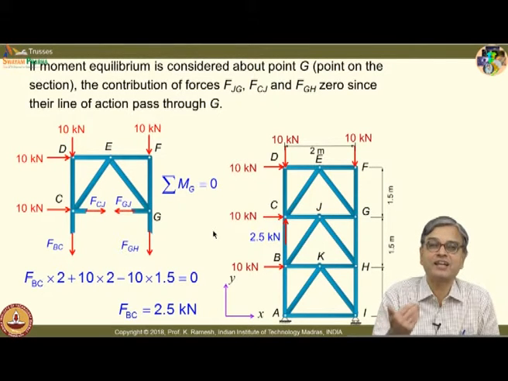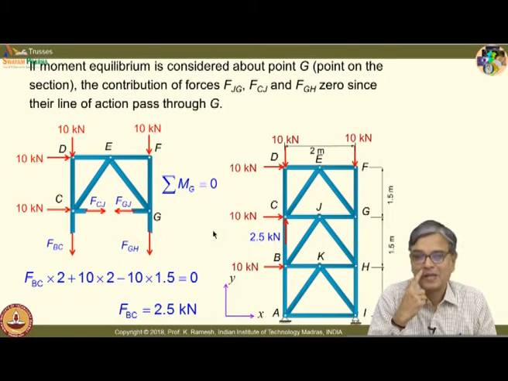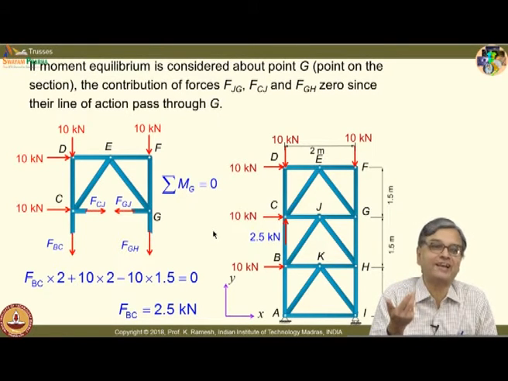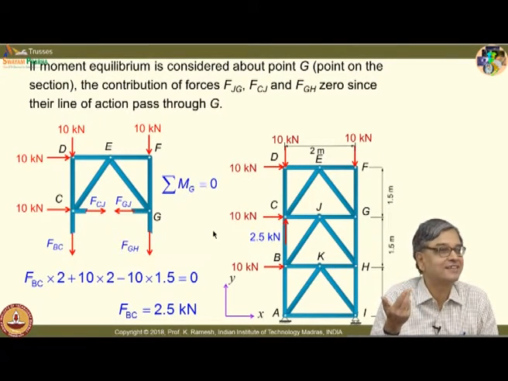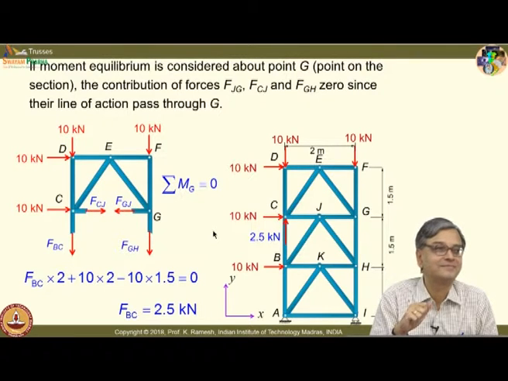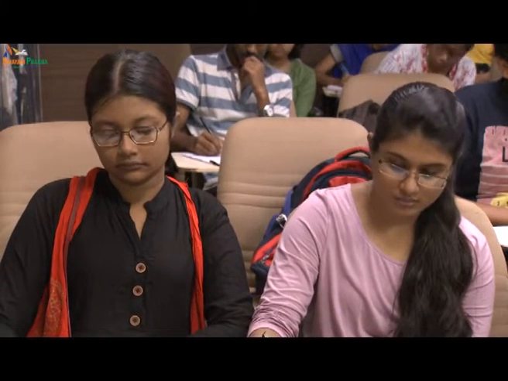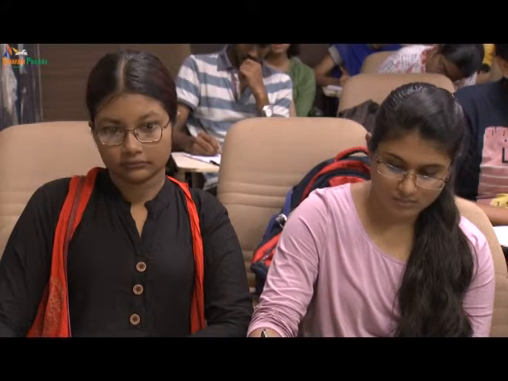And here I say you can also cut 4 members, and the clue is it can be a straight cut. Can you guess which cut will you select? Because in method of sections, you have to identify what is the section I should take, because you also want to solve a problem in a reasonable length of time.